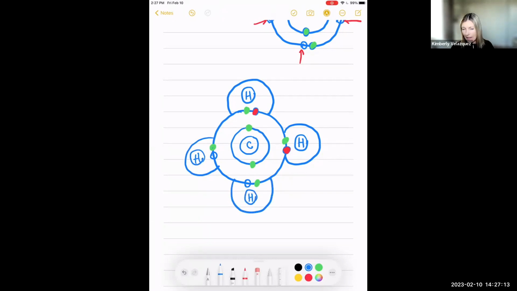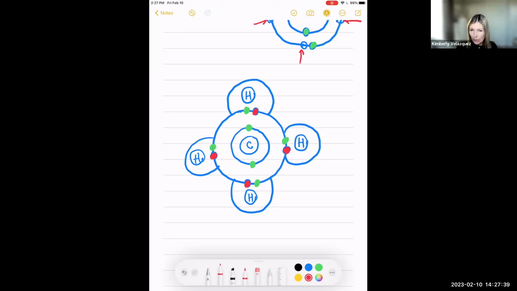Again, I'm just writing the letter of the element, the chemical symbol in that nucleus, rather than drawing protons and neutrons, because today I'd rather keep track of what atom that is rather than tracking protons and neutrons that really don't matter in this story. So this hydrogen has an electron that it shares with carbon, and this one has an electron it shares with carbon. And now here's the story.